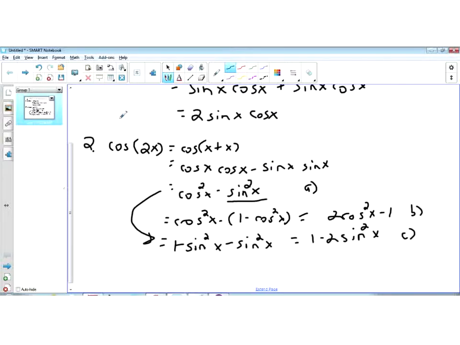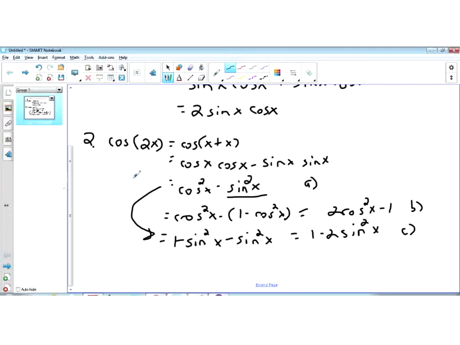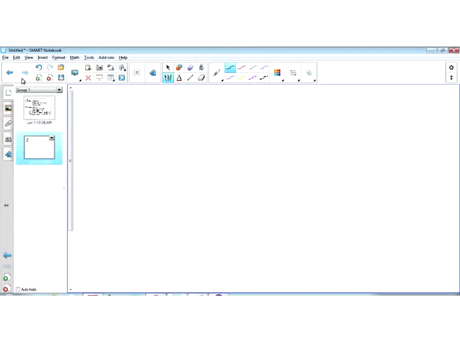All right. So for example, suppose we have cosine x equal to negative 2/3, and x is an element of the third quadrant. Find the cosine of 2x and the sine of 2x.